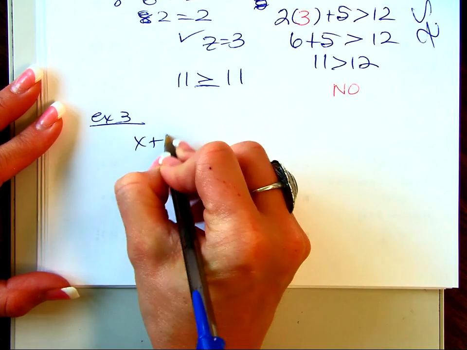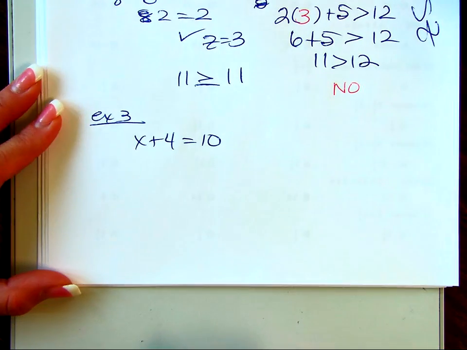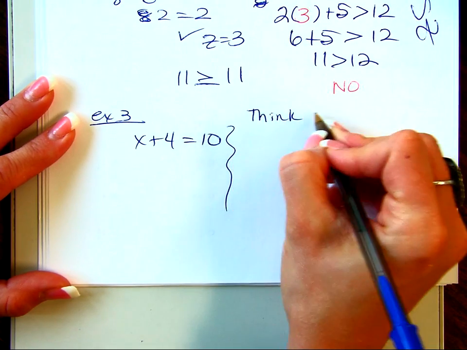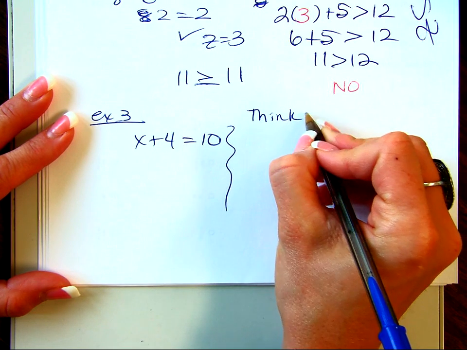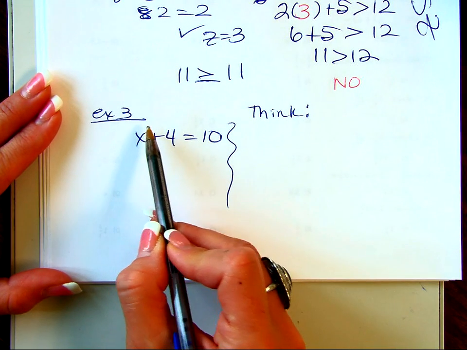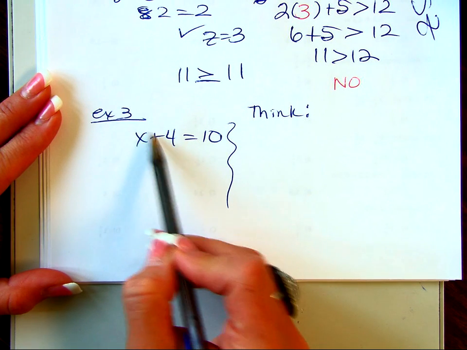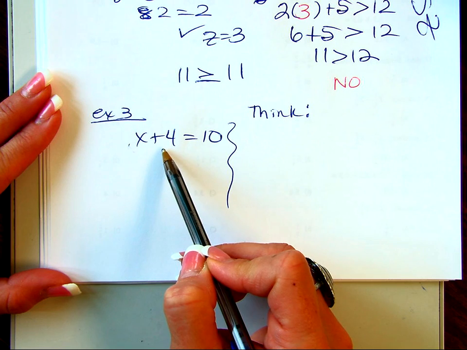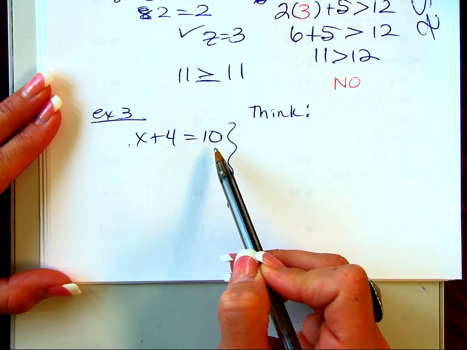Okay, so x plus 4 equals 10. And it's going to ask you to think, this is the think column. And equations are pretty much just like riddles, aren't they? So this equation B, or this riddle rather, I'm thinking of a number. I add 4 to that number, and my result is 10.